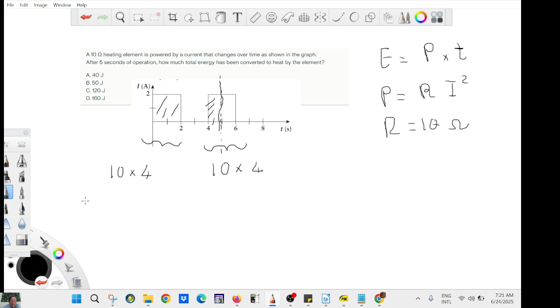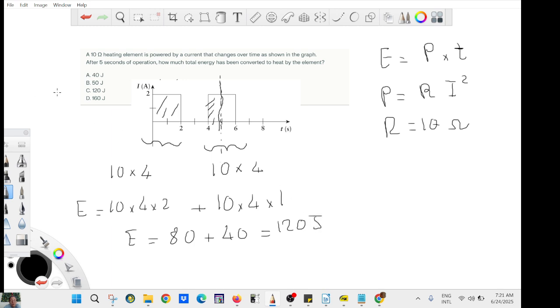And then for the energy, for this part I need to multiply by the time, which is 2. And for this, I need also to multiply by the time. So the total amount of energy will be 80 plus 40, which is 120 joules. So the answer is this one. So a little bit tricky.